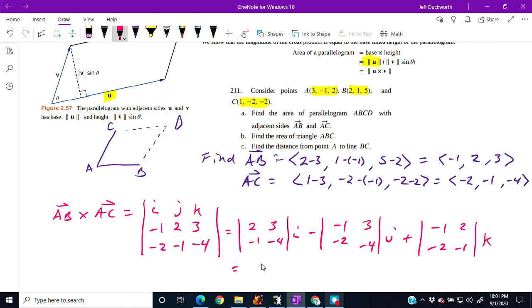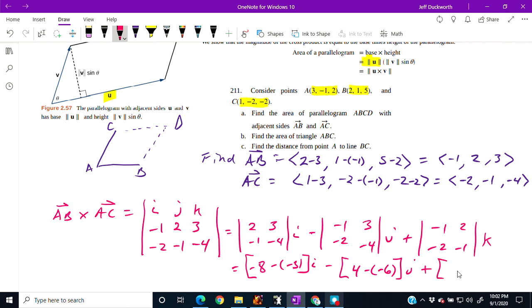So here we have, what is that, -8 minus a negative 3, i. And here we have 4 minus negative 6, and that's j.